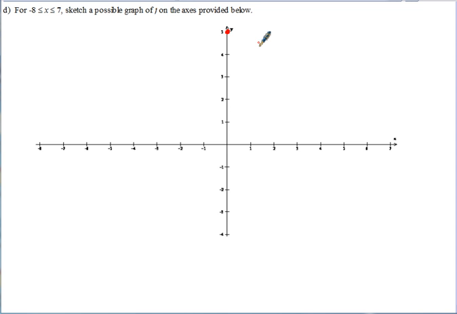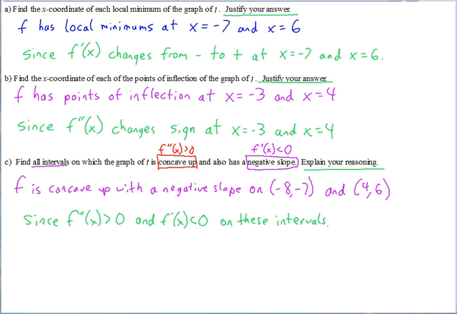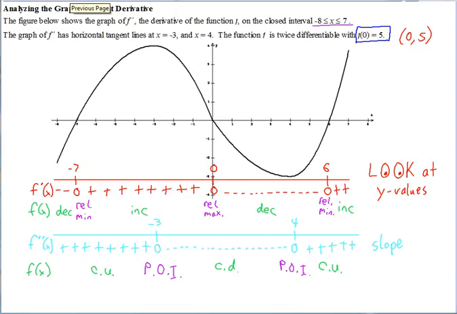The rest of it we have to base simply upon our number lines here, where the function is increasing or decreasing and where the function is concave up or concave down. So it's easiest to go left to right to make sure you get the increasing and decreasing right. Let's start with where our first point is. It's at (0, 5). So from 0, and whenever you look at both number lines at the same time, whenever either number line changes sign, that's where you want to stop.